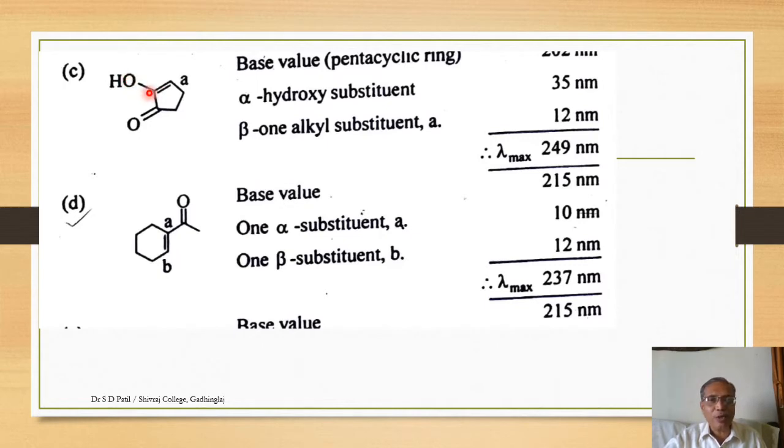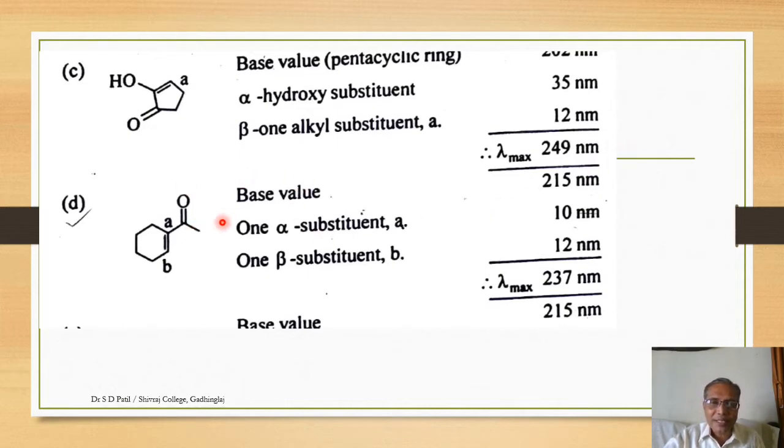So the alpha hydroxy substituent increment is 35 nanometers. One alkyl substituent at beta position: carbonyl group, alpha carbon, beta carbon. At the beta carbon this A represents the beta alkyl substituent. So one beta alkyl substituent increment is 12 and the total comes to be 249 nanometers.